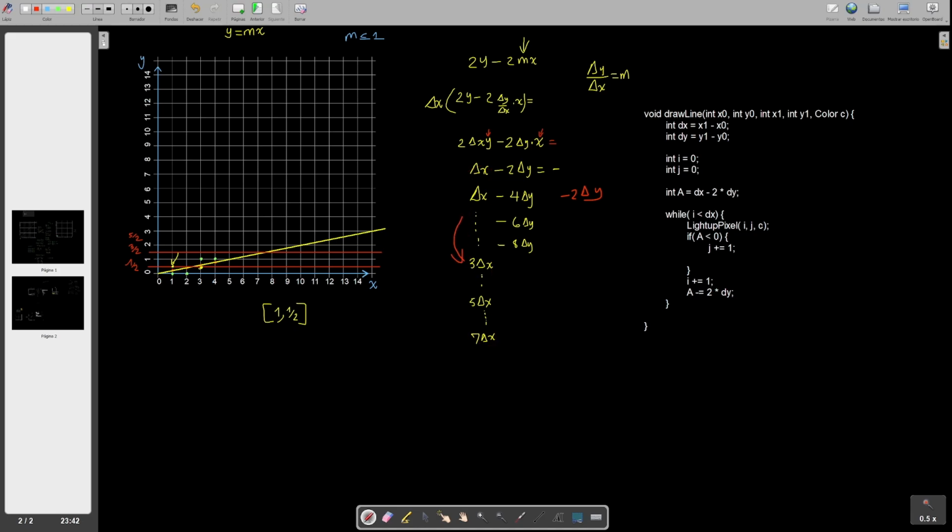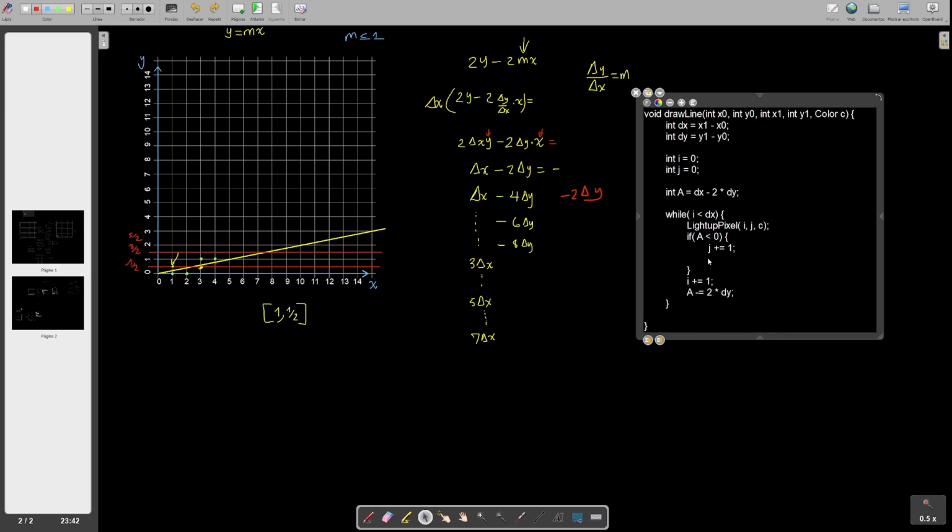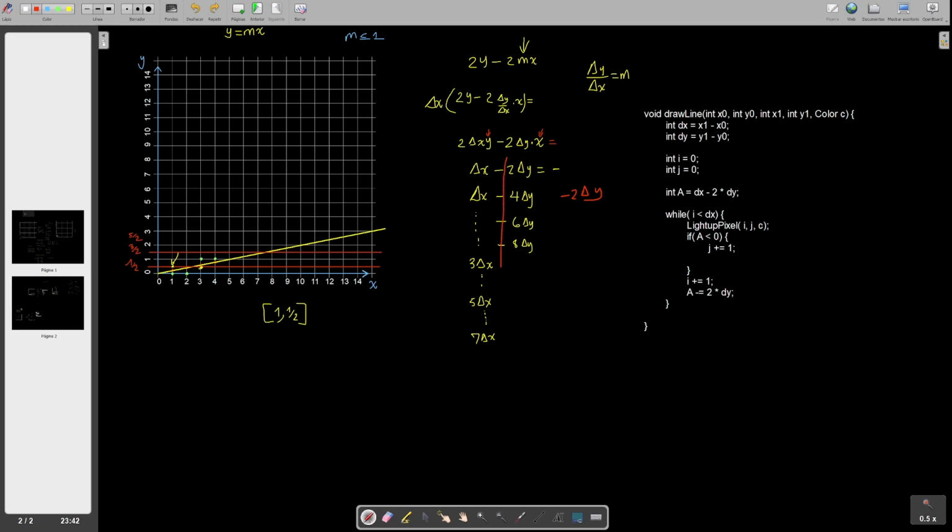And we explained the math previously, that it is going to take this double increment, twice delta x, plus twice delta x, plus twice delta x, and so on, whenever the y increases. Not always, as with the x. Note that the x is always increasing, but whenever the y increases, whenever I round up to the next y value, my evaluation term is going to get increased by twice delta x.